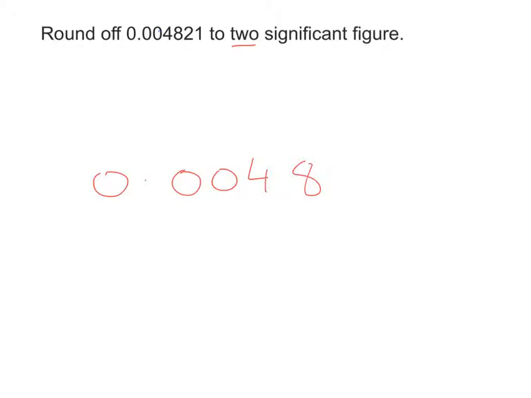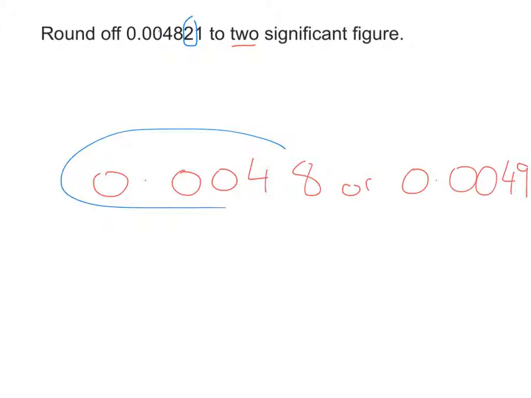So this is going to be the answer, or it's going to be one above that, which is 0.0049. So, which one is it? Well, the 2 is the next digit along. A 0, a 1, a 2, a 3, or a 4 means it stays exactly the same.